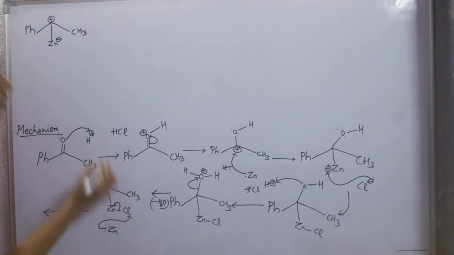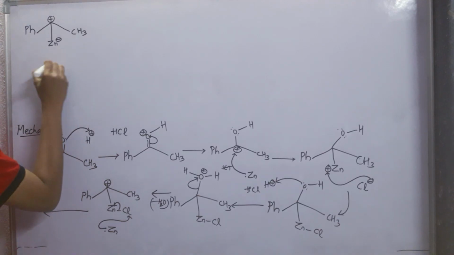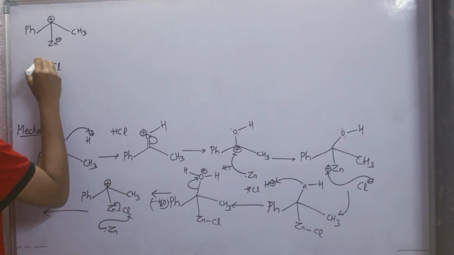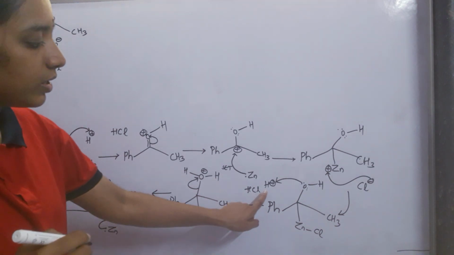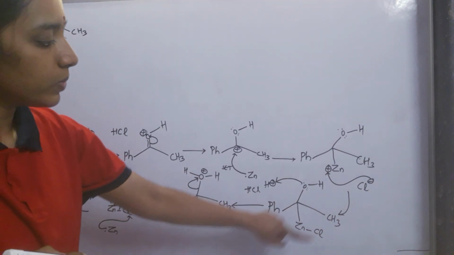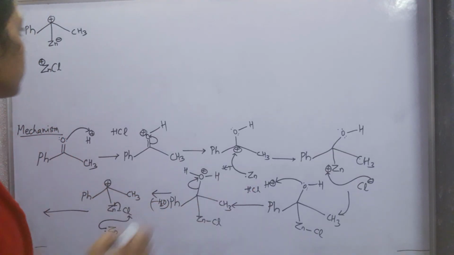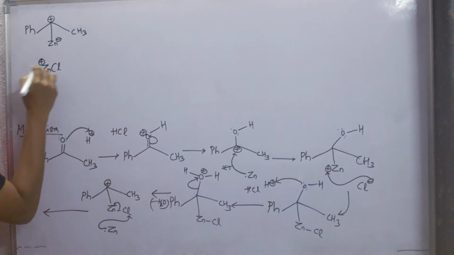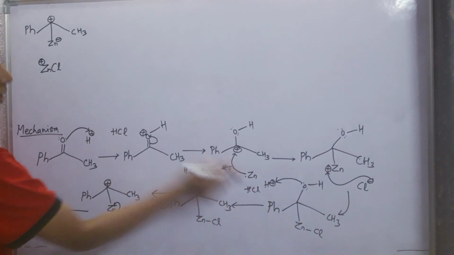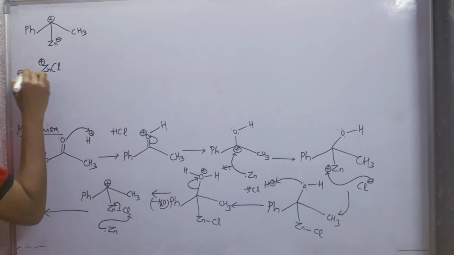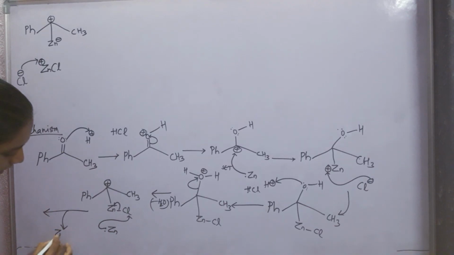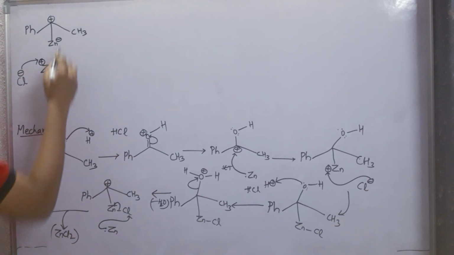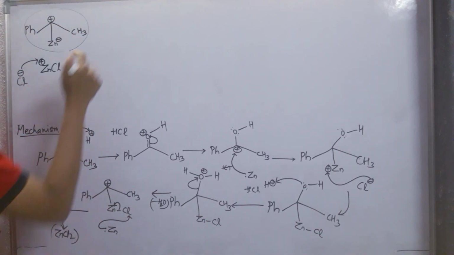This zinc and chlorine will be eliminated as ZnCl plus. And here from this HCl we have already taken H plus and reacted with this compound. Now this Cl minus will react with this ZnCl plus and will be eliminated as ZnCl2. Here itself it will be eliminated, and this will be the product after this reaction.